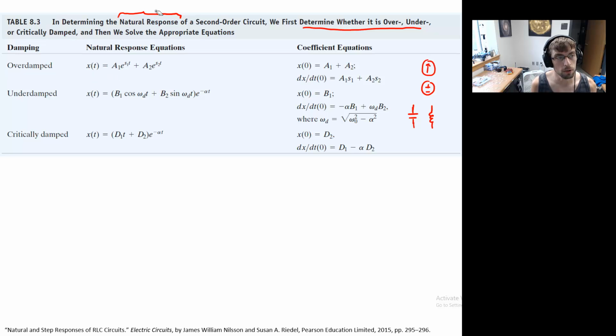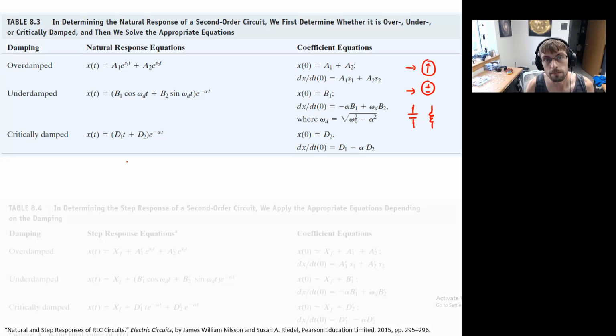Of course, you say, well, Greg, that's all fine and dandy if I'm starting off with a charged capacitor and inductor. That's stuff that we did a while ago. What happens if I have these switches where I actually have supplies in my circuit? So that's what this other chart is for.